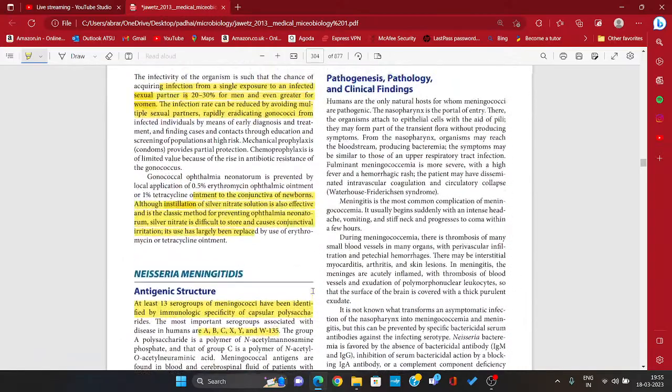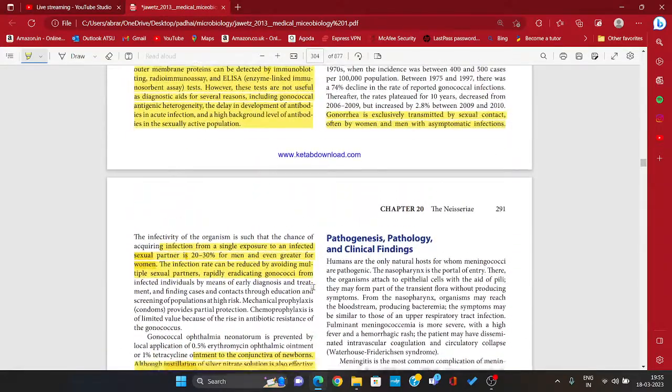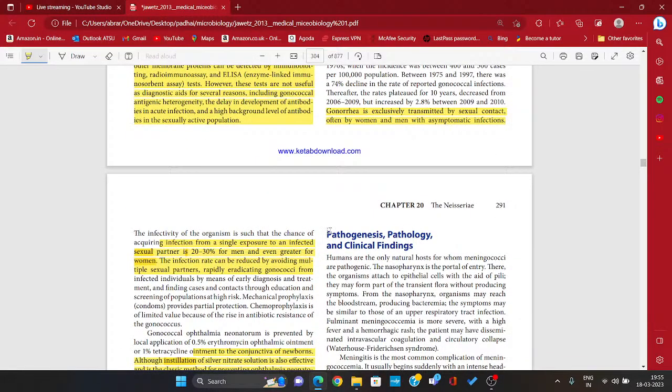Pathogenesis and clinical findings. Humans are the only natural hosts for whom meningococci are pathogenic.